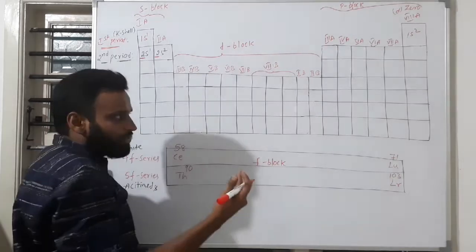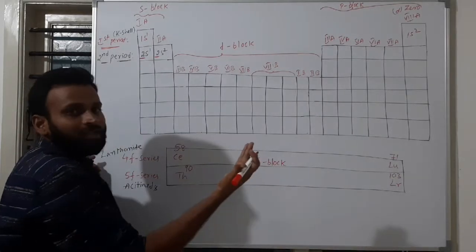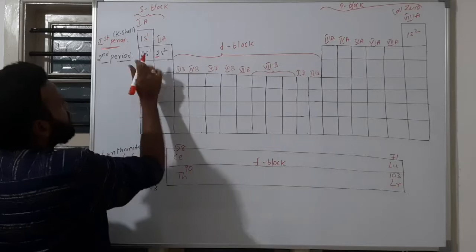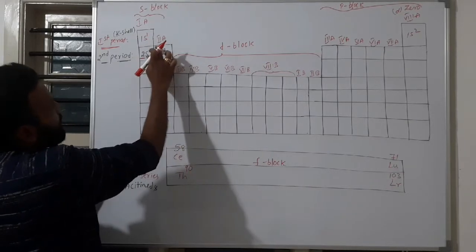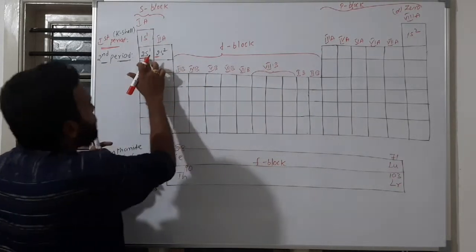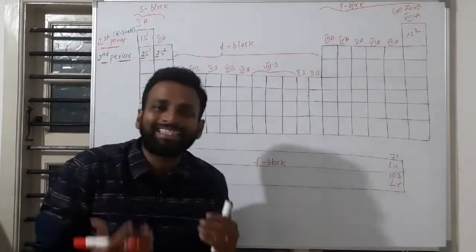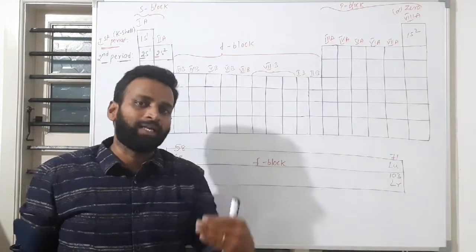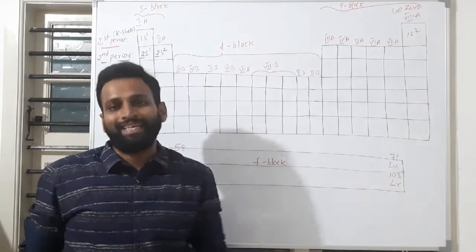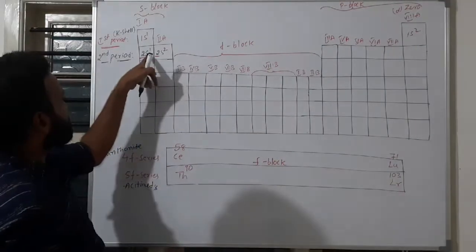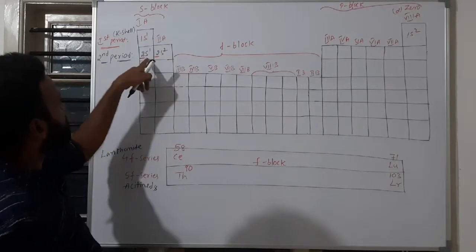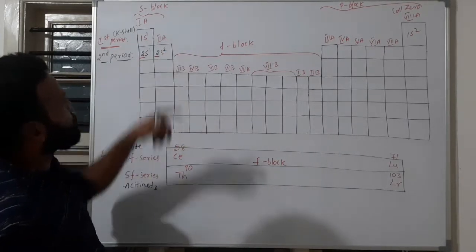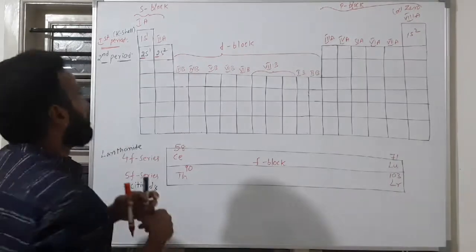Just follow along by observing the periodic table. Here you have lithium and beryllium, and after filling 2s, because S can have a maximum of 2 electrons, I told you. S can have a maximum of 2 electrons, P can have a maximum of 6 electrons. So here you have 2s1, here 2s2. 2s is filled, got it.